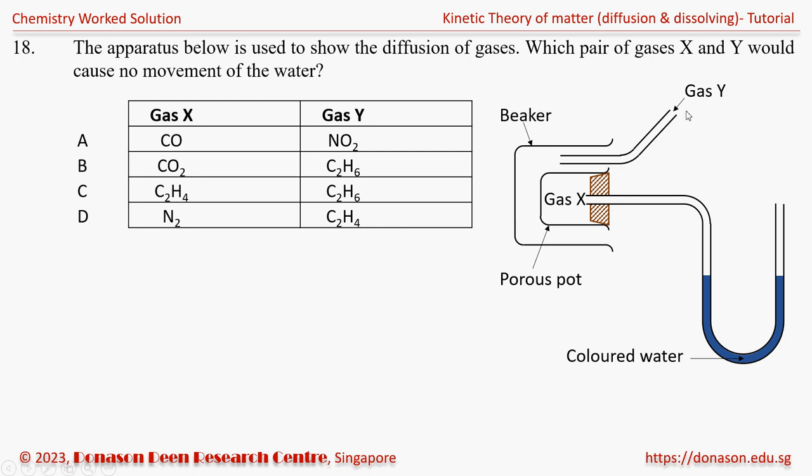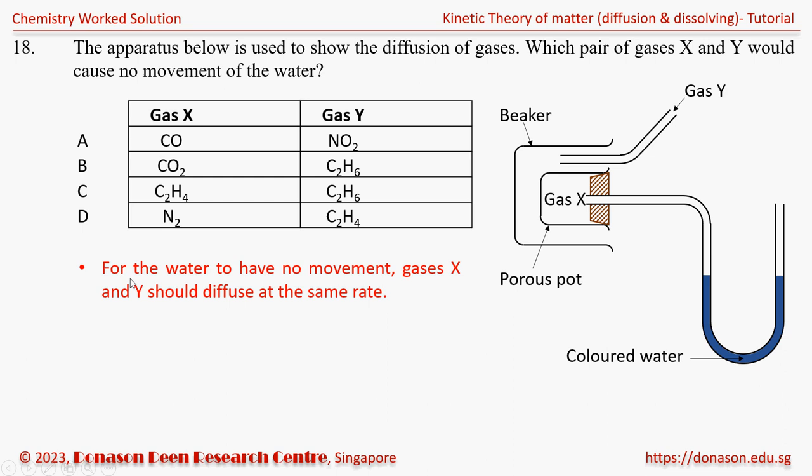So that means gas Y and gas X must be equally dense. If they are equally dense, the pressure inside the porous pot is going to remain constant, and obviously that's not going to affect the water level at these two parts of the right hand limb or the left hand limb of the U-tube.